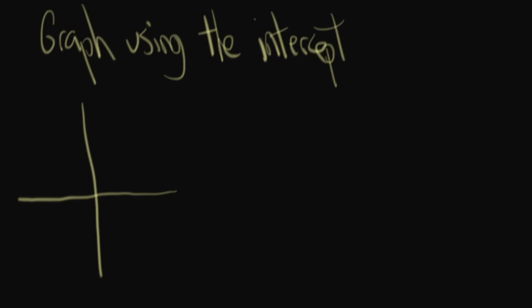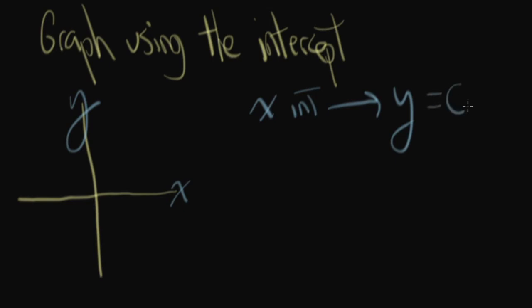You might already remember what that is, but you have x and you have y. The x-intercept is when y equals 0, and the y-intercept is when, you guessed it, x equals 0.